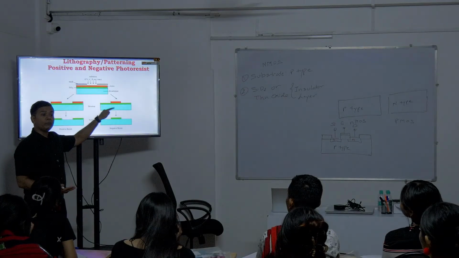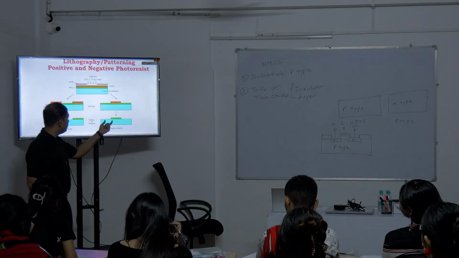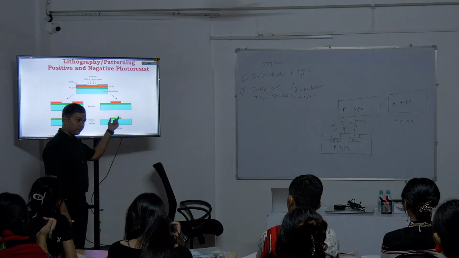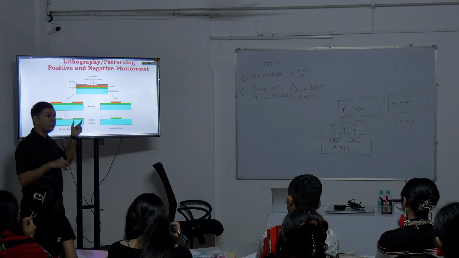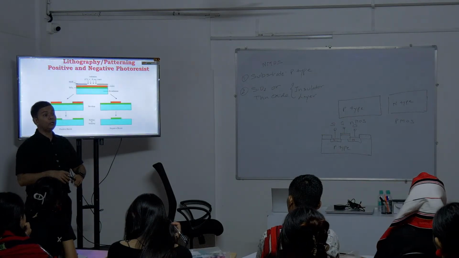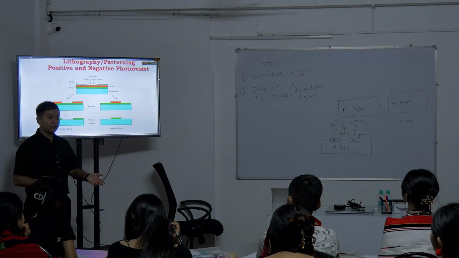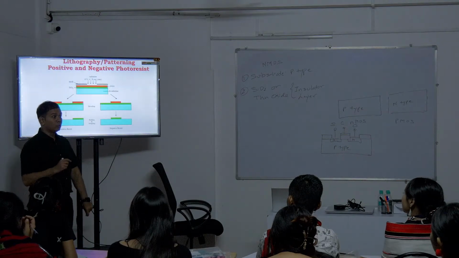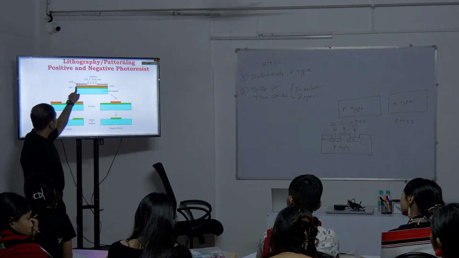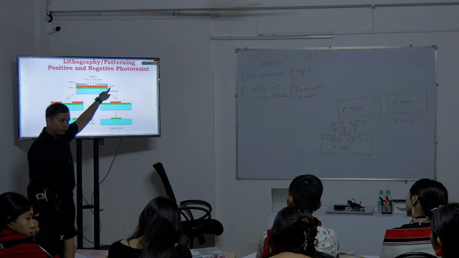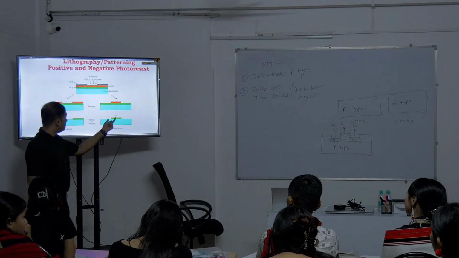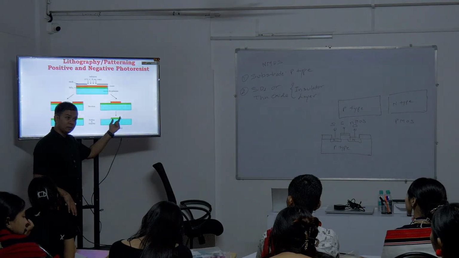Now this green layer we want to pattern. So if we want this kind of layer or this kind of layer, we need to decide which particular photoresist to use. First we should understand what a photoresist is. Initially we will put the photoresist over here, so let us say we want just the center portion to be there.